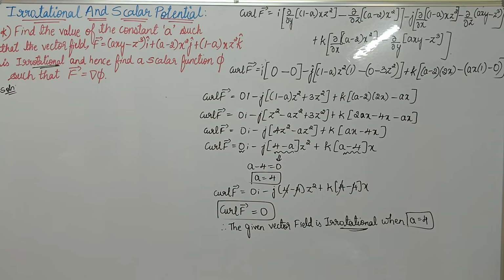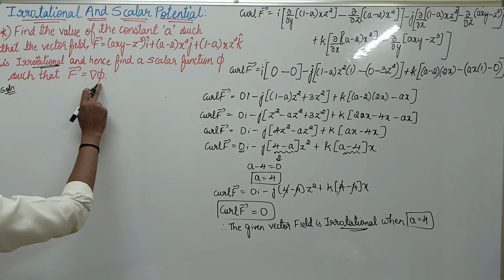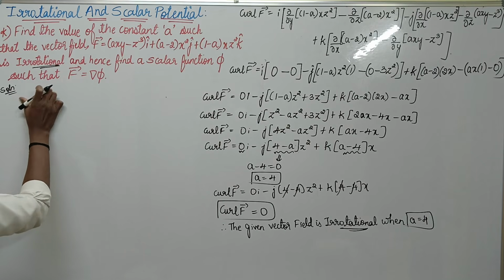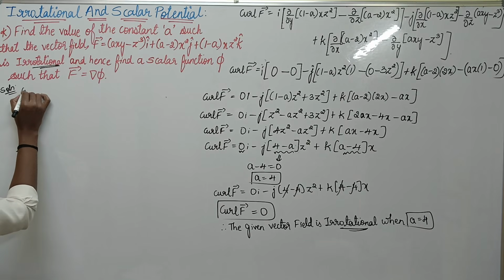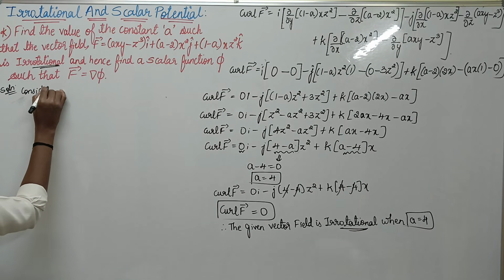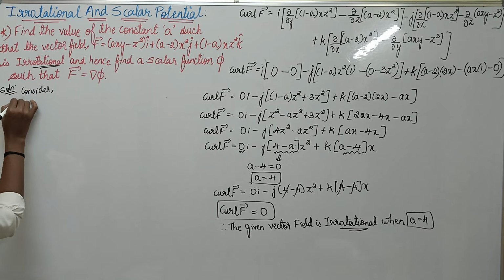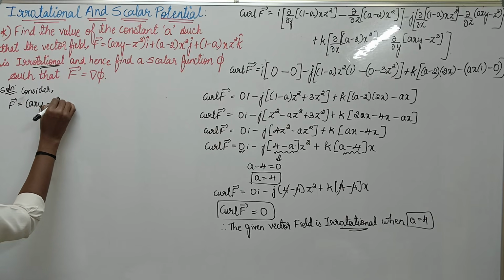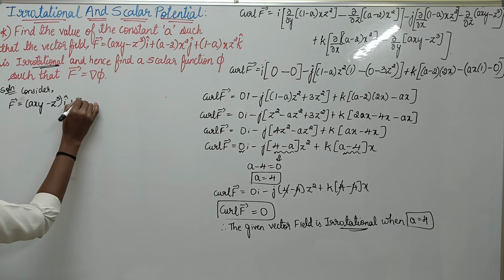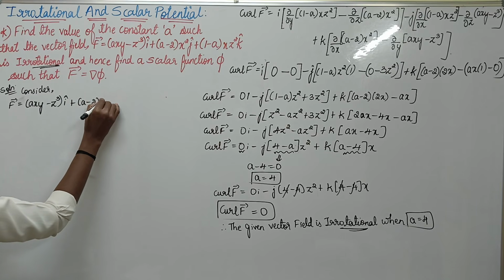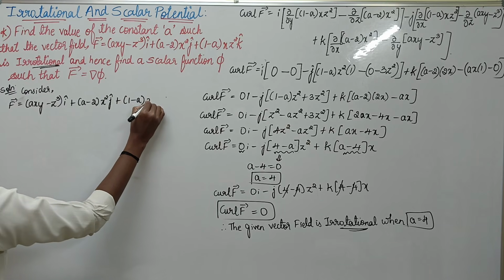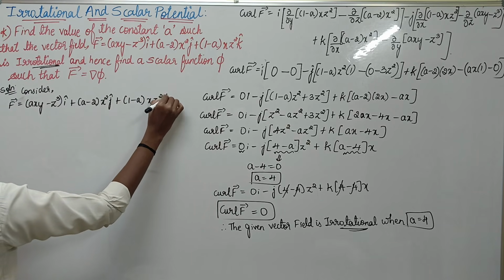To find the scalar function phi, we have vector f equal to gradient phi. But first, before gradient phi, let us represent vector f. Consider vector f which is equal to axy minus z cube i cap plus a minus 2 x square j cap plus 1 minus a x z square k cap.